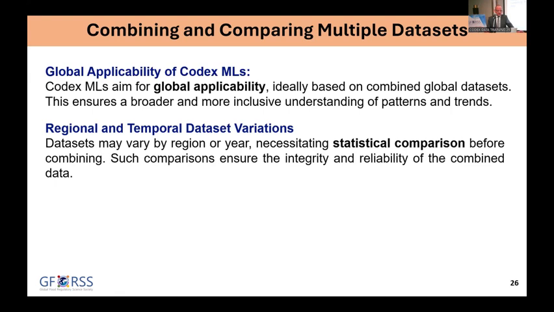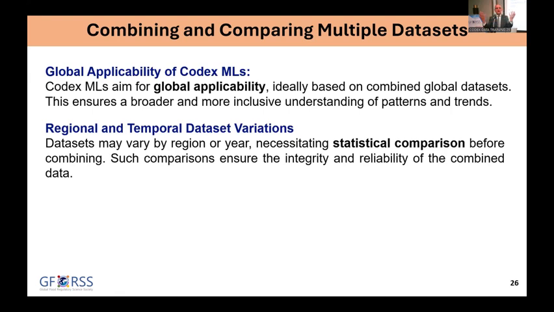What do we mean by this? Simple example. If you want to generate a combined data set, including data coming from different countries, you cannot do it before verifying if those data sets are similar, because you cannot mix oil and water.